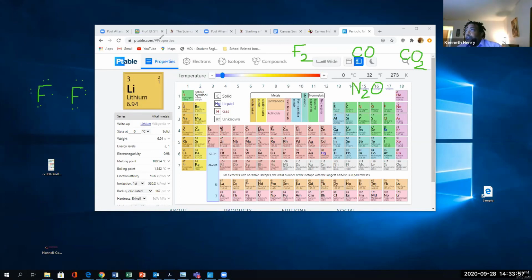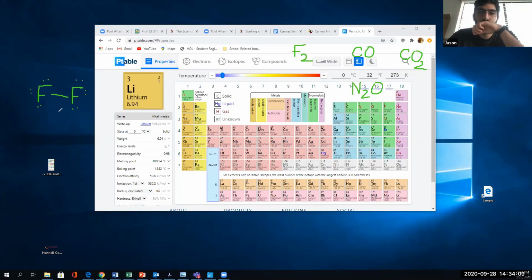Okay, how many are they going to share so that they have 8 around them? They're each going to share 1. So they're going to share 2 total. Okay, 2 total, so that's 2, 4, 6, 8. 2, 4, 6, 8. Piece of cake? For that one. Yeah, okay, that one's easy.